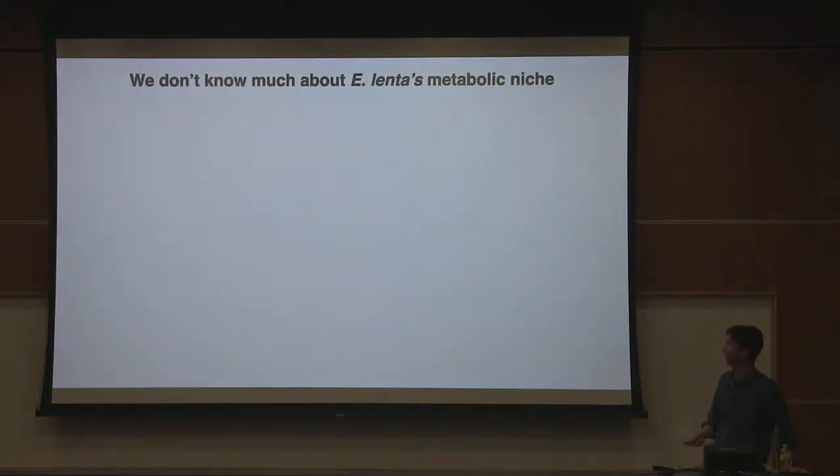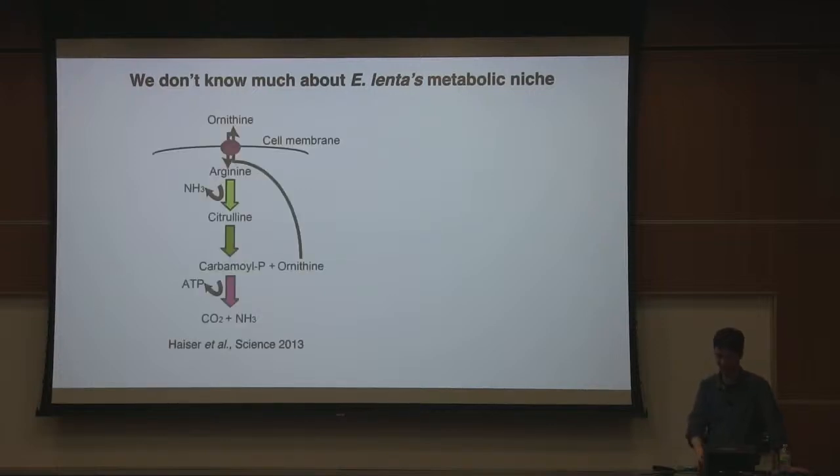This also really highlighted the fact that, although we've studied these accessory pathways for Elenta, we don't know a lot about what it's normally doing in the gut. Really, the main thing that we know comes from early work, not our work in this paper, but many decades ago, showing that Elenta requires arginine to produce energy.